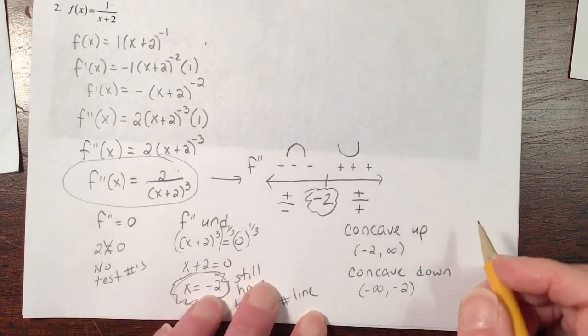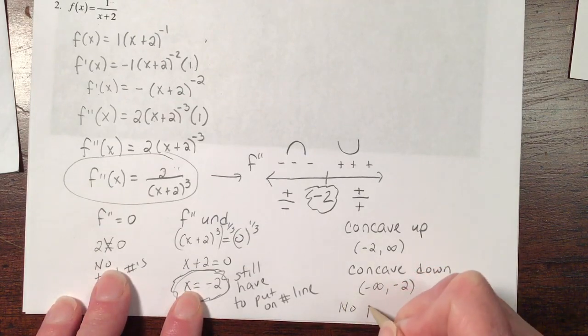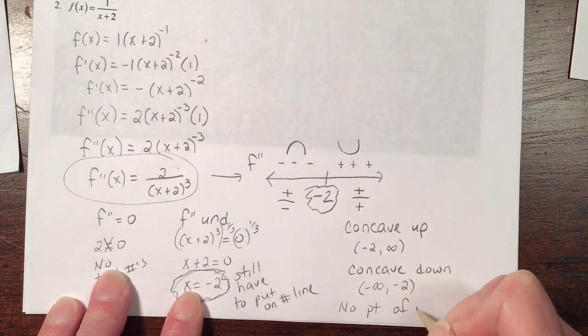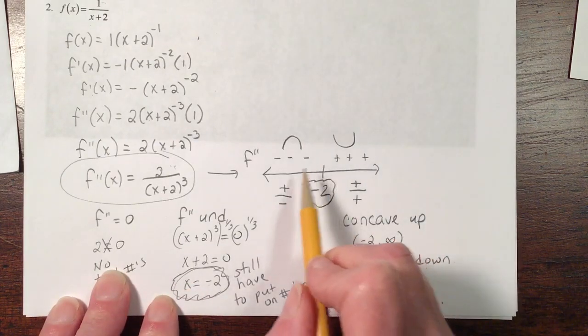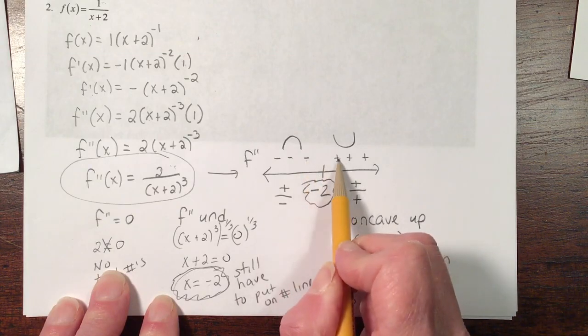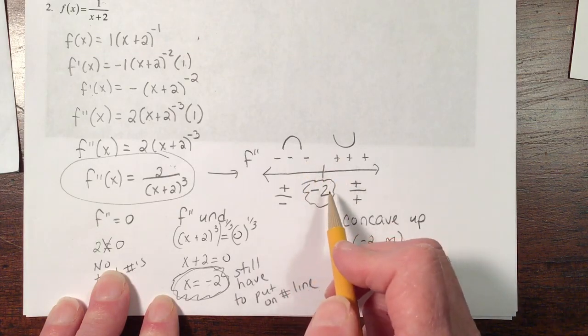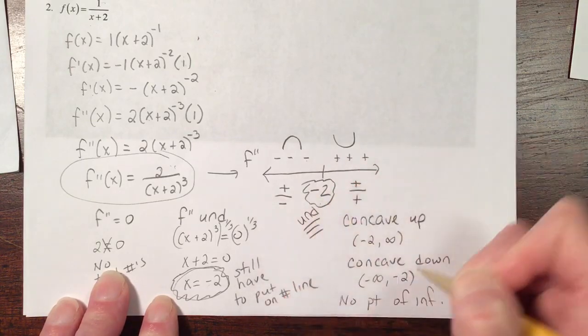Now this curve will not have a point of inflection. Let's take a second right now and talk about why not. Basically, it looks like it should. It goes from negative to a positive on my curve, but if you remember, -2 is undefined. So there's no point there.